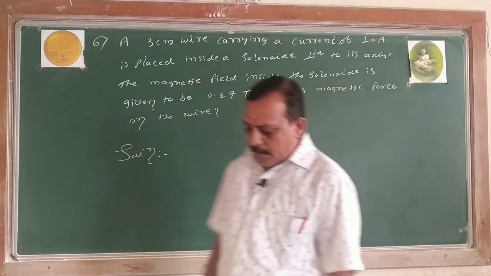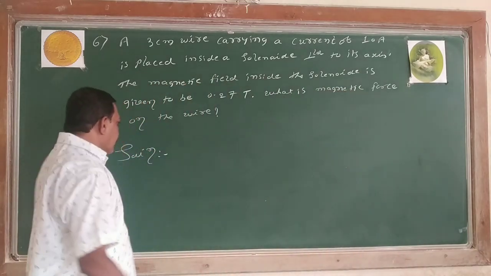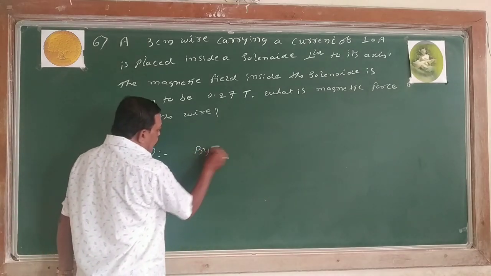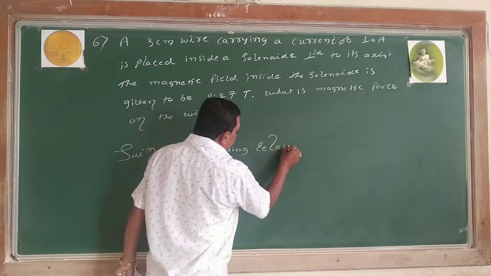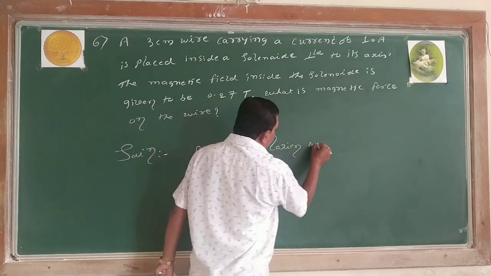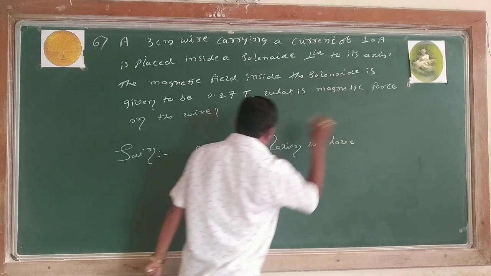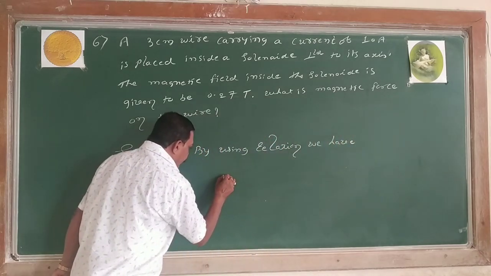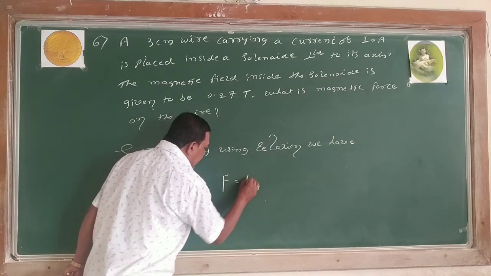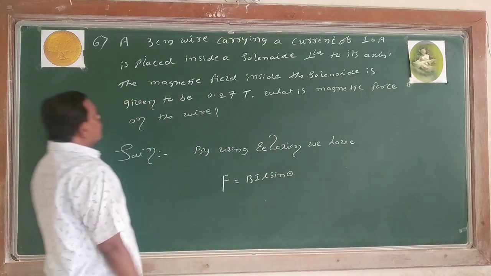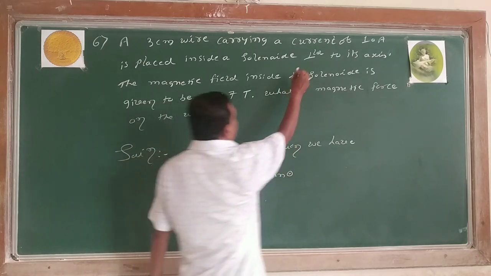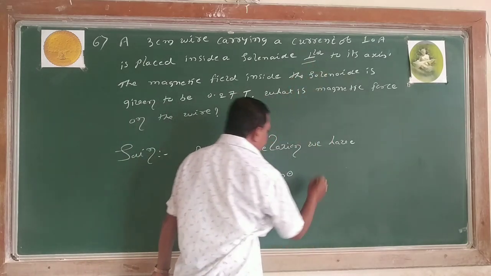Shall I write directly formula? Direct formula based है. By using relation, we have the force experienced by the current carrying conductor, F equals BIL sin theta. Perpendicular, what is that theta? 90 degree.